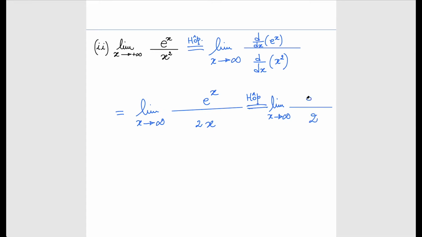Upstairs is going to be e^x no matter how many times you differentiate it. So downstairs is 2, and now this is simply infinity, because that guy blows up, and downstairs is a pure constant. So this is plus infinity. So that function at the end of the day is blowing up as x goes to plus infinity.